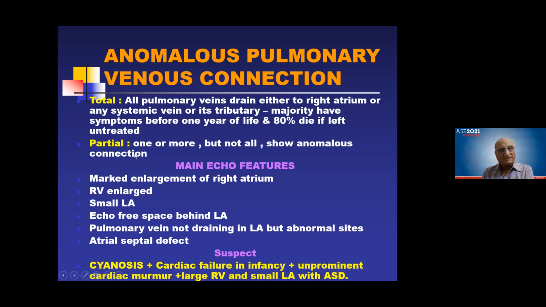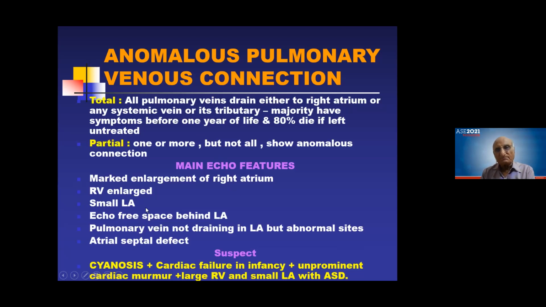A partial one is when one or more, but not all, show anomalous connection. There is a marked enlargement of the right atrium. Why? Because the right atrium is receiving blood from the IVC, SVC, and also from the anomalous pulmonary veins. So because they are draining into the right atrium, there is a marked enlargement of the right atrium, like an ASD.